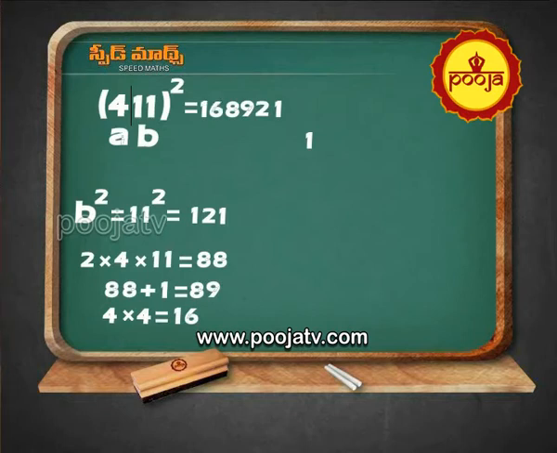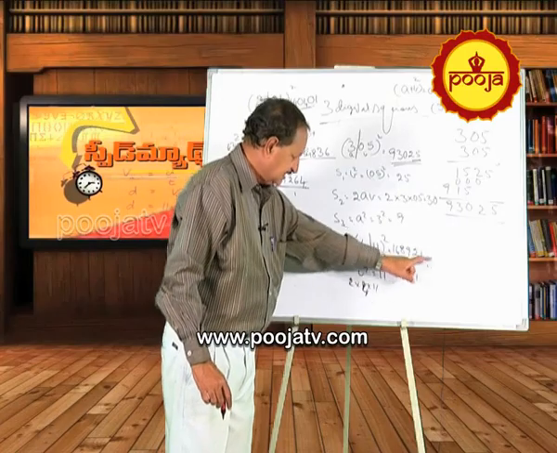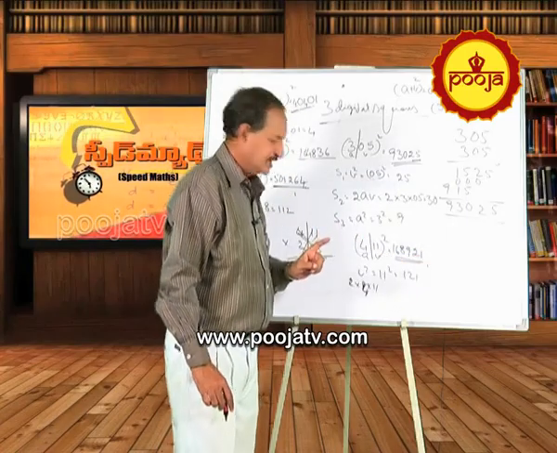Again I am telling you 11 square is 121. So write 21 here in the answer and keep one outside to be carried over.